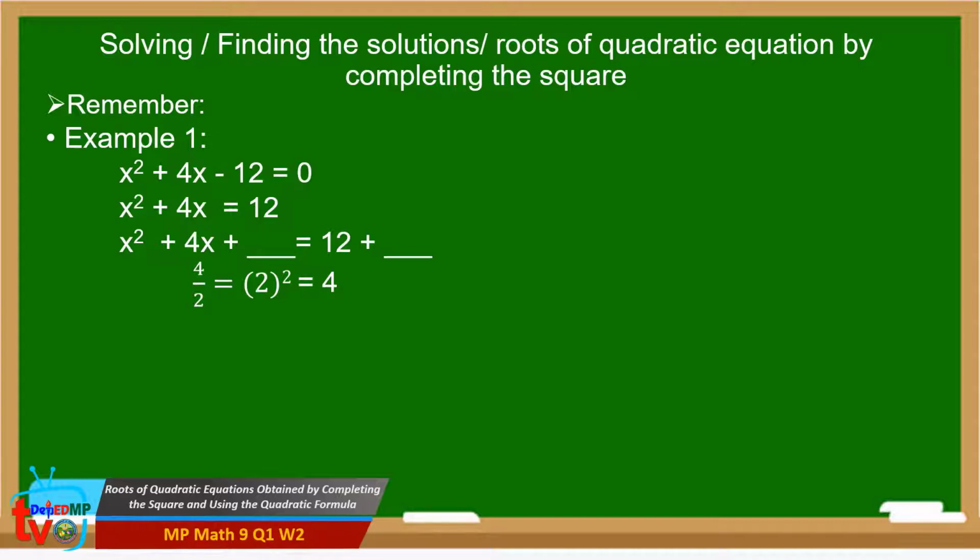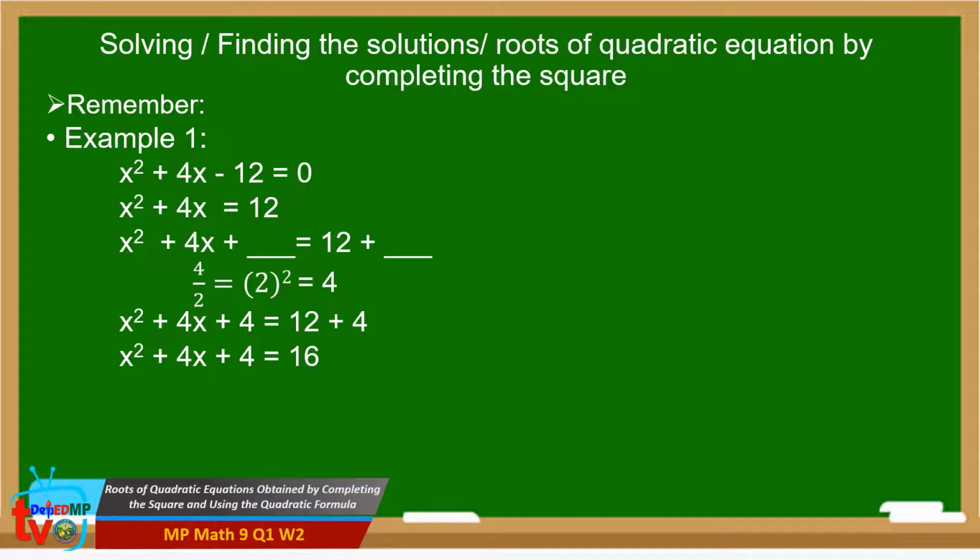The equation now is x squared plus 4x plus 4 is equal to 12 plus 4. Then, simplify the right side of the equation by adding 12 and 4 is 16. The equation is x squared plus 4x plus 4 equal to 16.